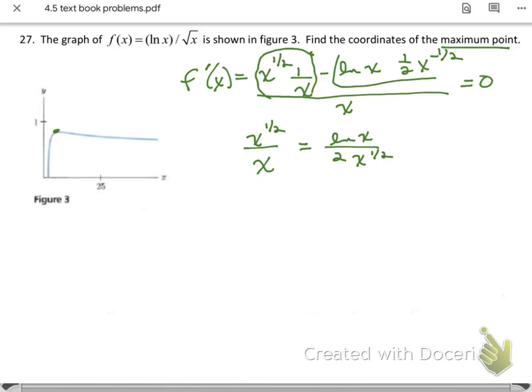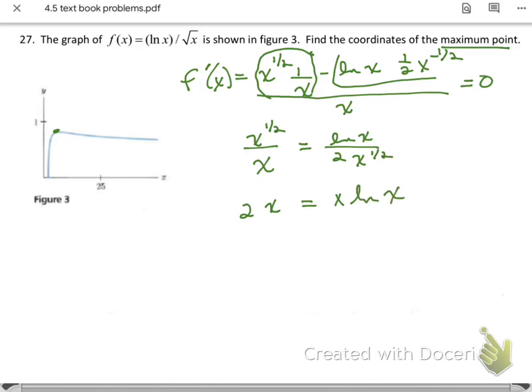Okay, so look what I have. I have fraction equal to fraction. So I can do the cross products. So doing the cross products, I'm getting 2 x to the 1/2 times x to the 1/2 is x, and that's going to equal x natural log of x.